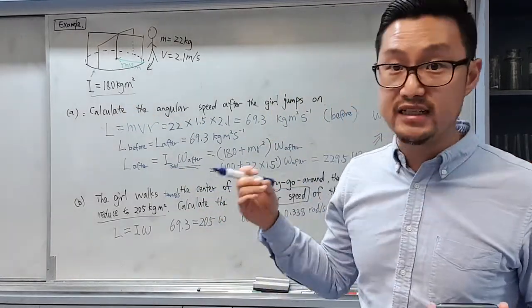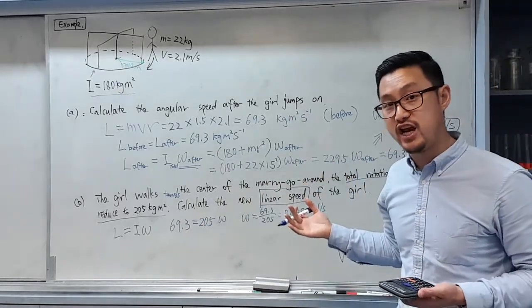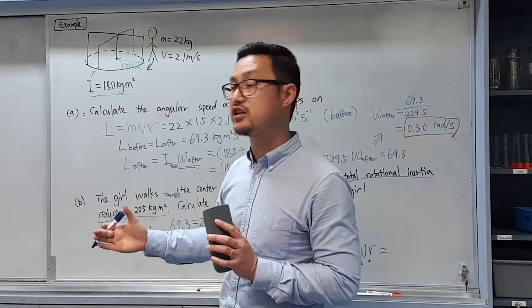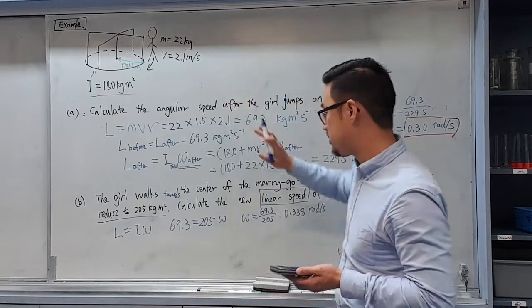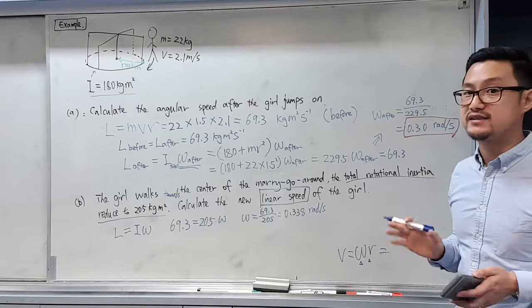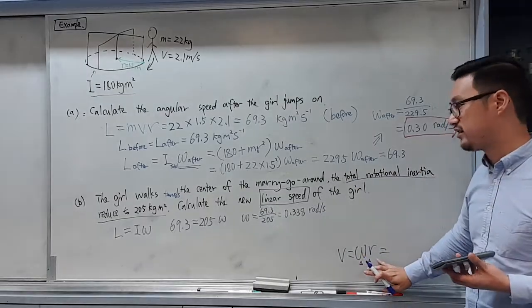The only thing that's changing is the girl's rotational inertia. Why is it changing? Because the girl was over here and now she moved closer to the center. So the girl's inertia is related to the radius, where the girl is standing. From that, we should be able to calculate how big R is.